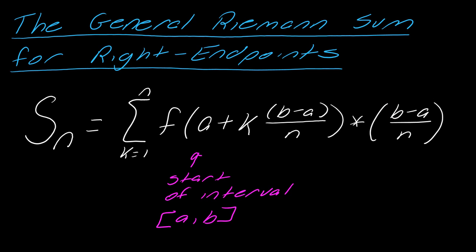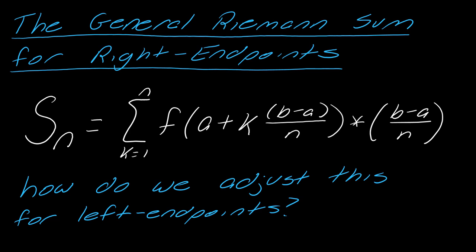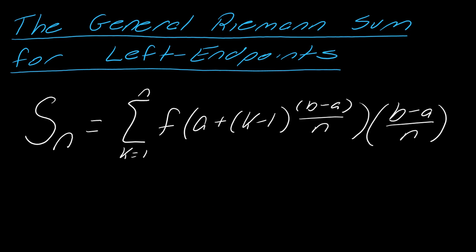Okay, so one thing I want to ask: how can we adjust this formula? This is for right endpoints. What's the adjustment that we would make if we want to start on the left? Maybe you want to draw yourself a little picture to figure this out. This is a good thing to think about.